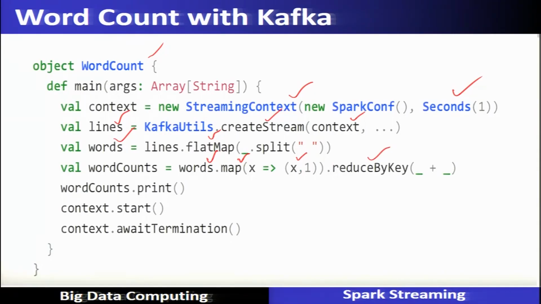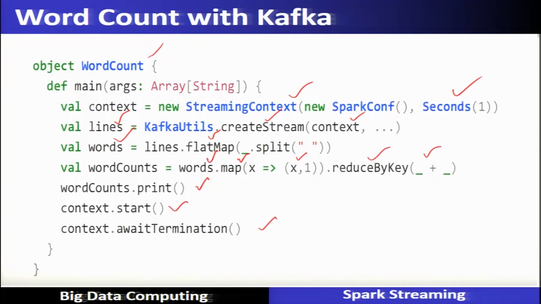For every word it will do the sum of all such ones, so every word will have a particular count, which will be printed. Then we have to do context start and finally context await termination also.